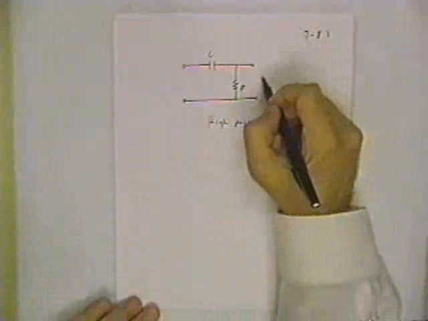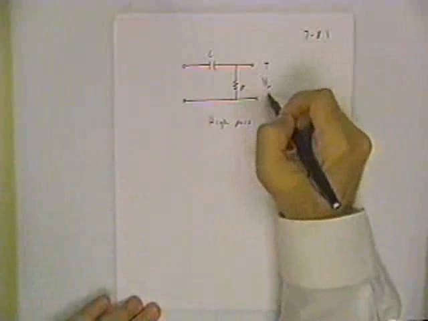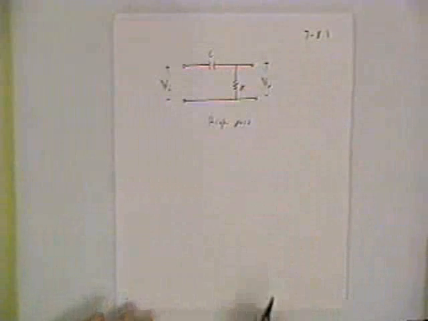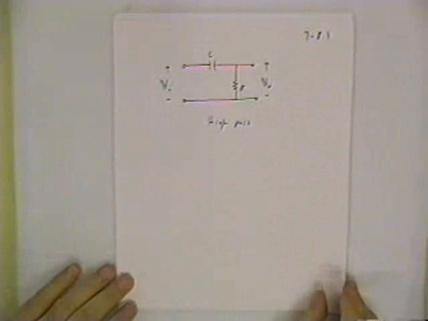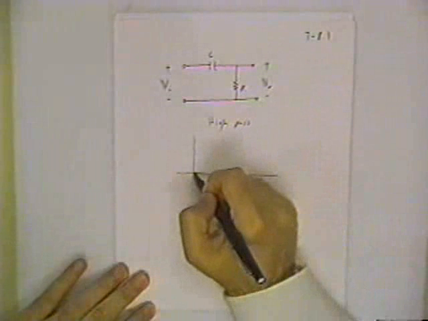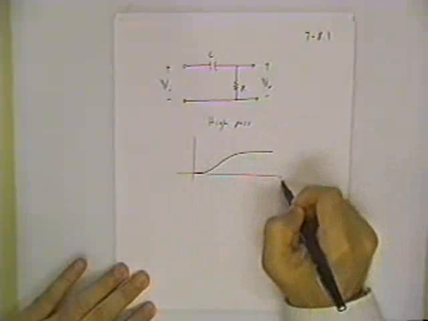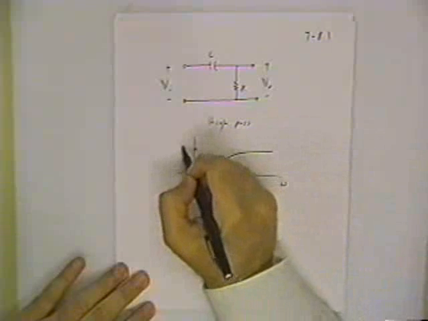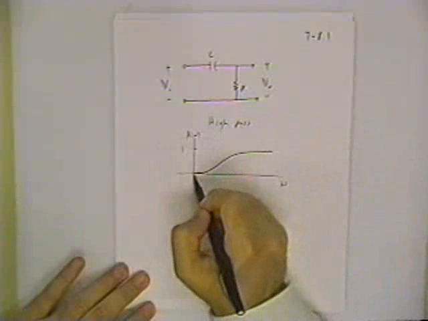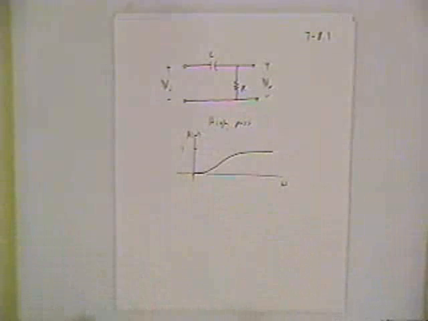You can go through the same sort of algebra, defining this as V out and this as V in. That would be a pretty good exercise for you. What you should get is something that looks similar to this. As omega goes to very high frequency, you asymptotically approach 1. And when omega is equal to 0, you get 0 transmission.